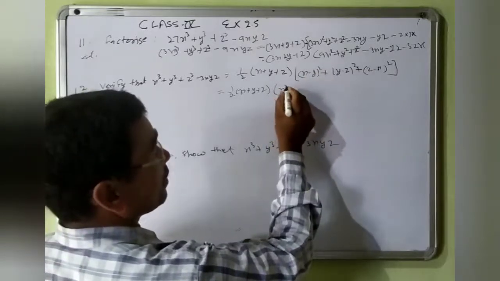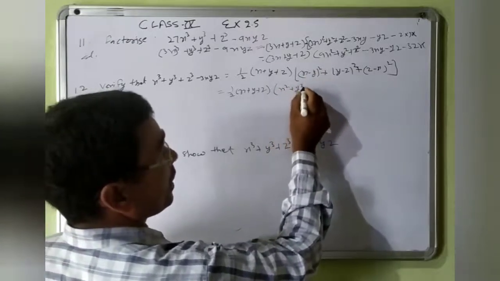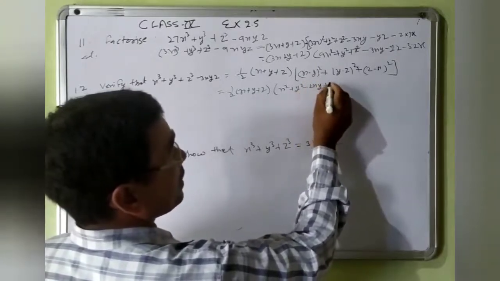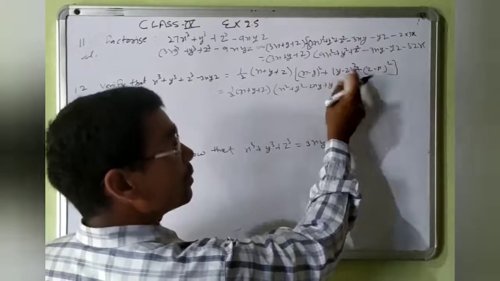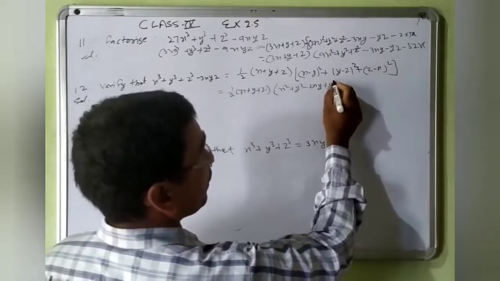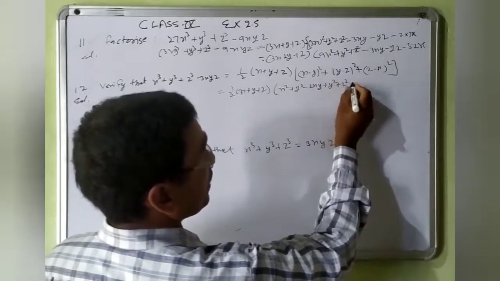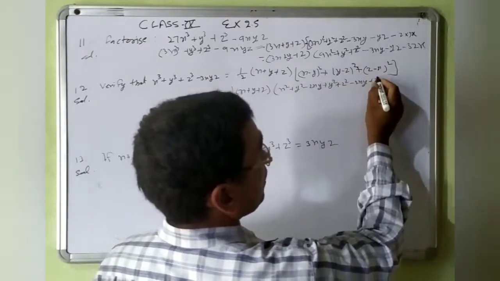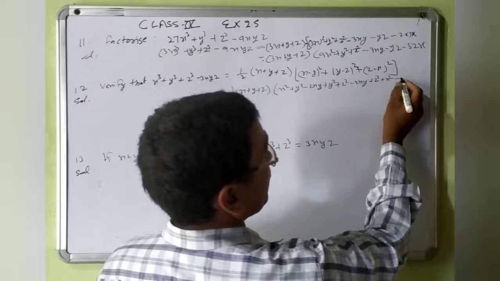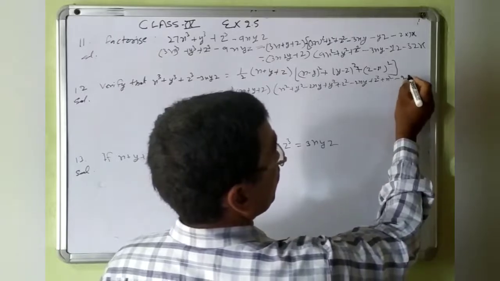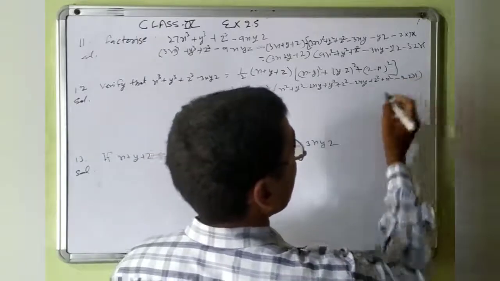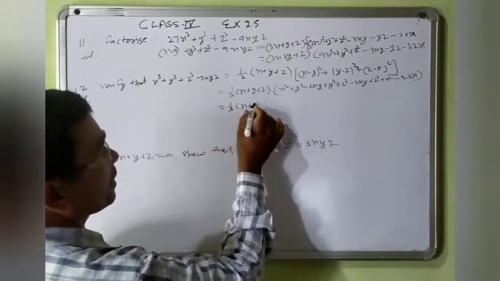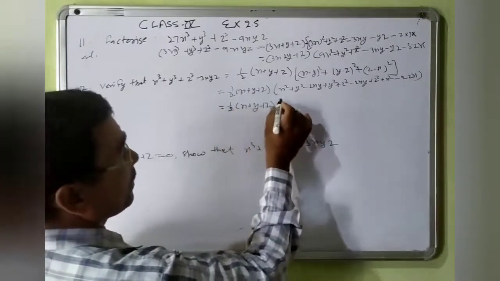You know that x square plus y square minus 2xy plus, here also we will apply the same identity, y square plus z square minus 2yz, here also z square plus x square minus 2zx, right?